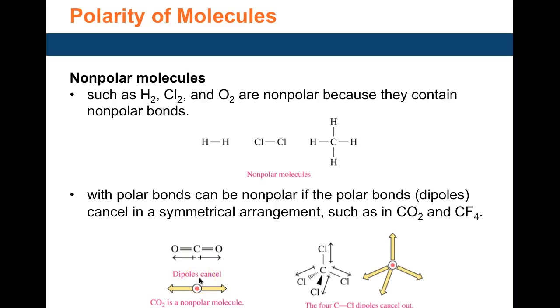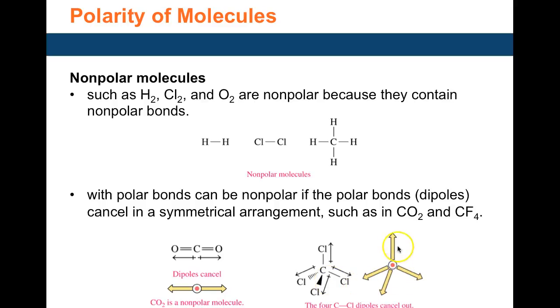Now, when you apply this to CCl4, or even CF4, which is symmetrical, you will see the same thing happening. Carbon is about, I think, 2.5, and chlorine is 3. So there is an electronegativity difference of 0.5. So each dipole has a magnitude of 0.5.